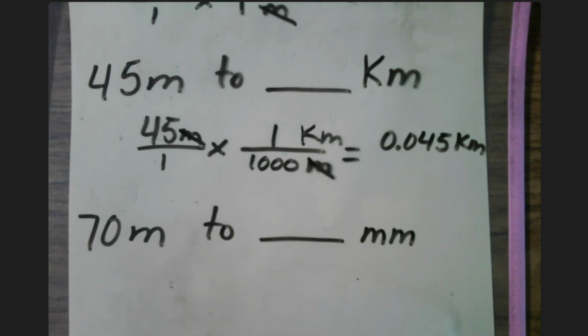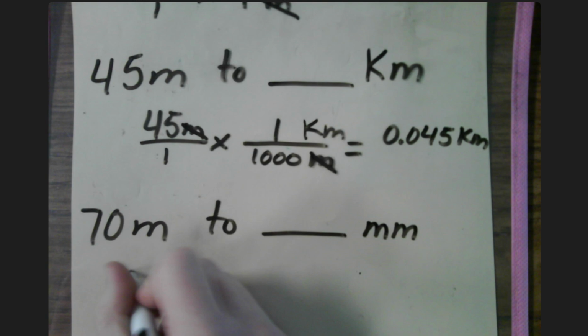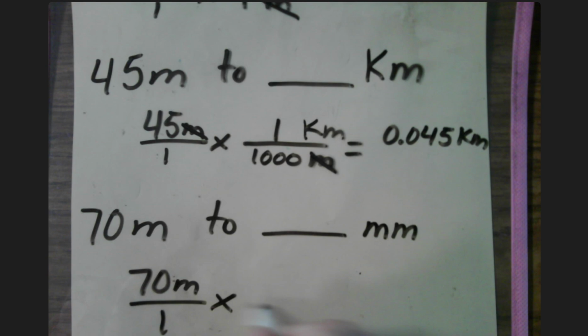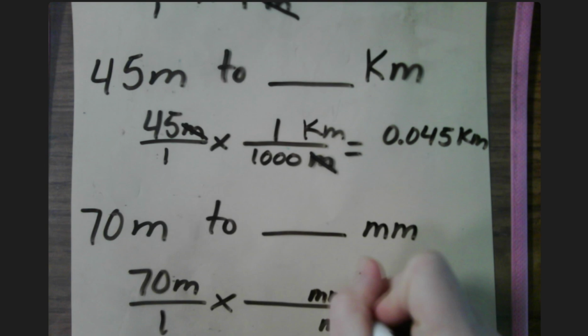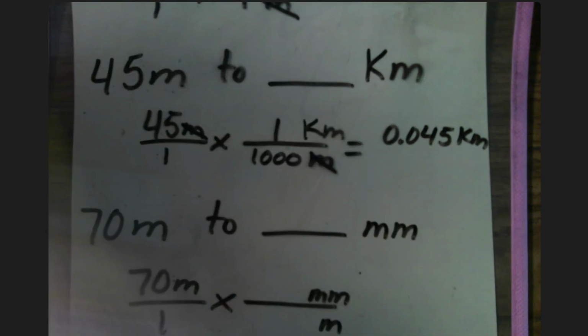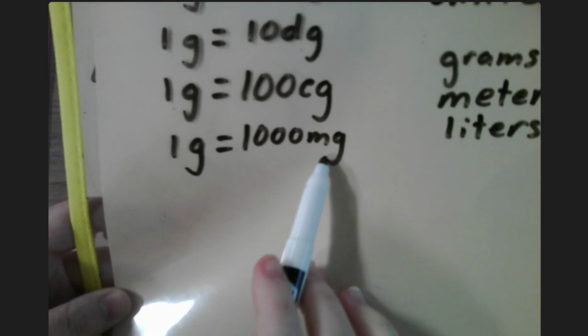All right. 70 meters to blank millimeters. Let's start with what we know. We know we have 70 meters. Make that a fraction. We're going to multiply that. We're going to put meters down here so those cancel out, millimeters up here. Let's look at what we have. So we have meters and millimeters.